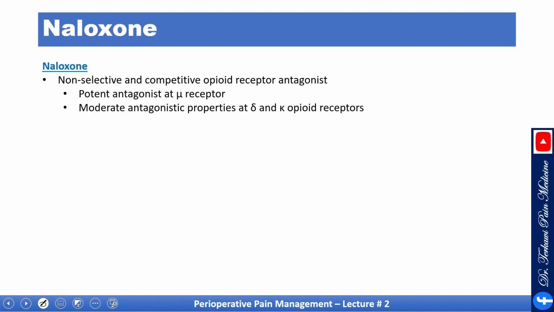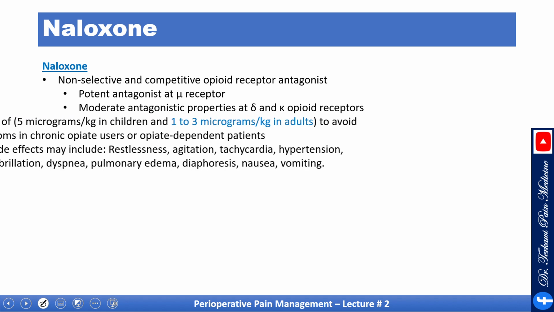Speaking of naloxone, it's a non-selective and competitive opioid receptor antagonist. It's a potent antagonist at the mu receptor and a moderate antagonist at delta and kappa opioid receptors.